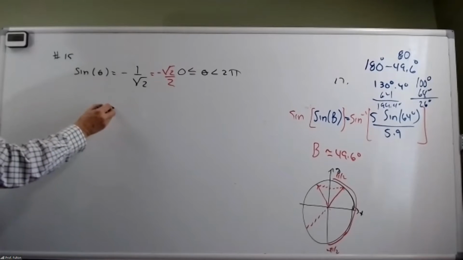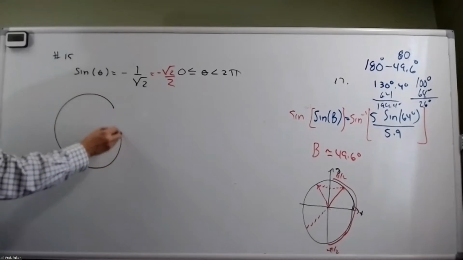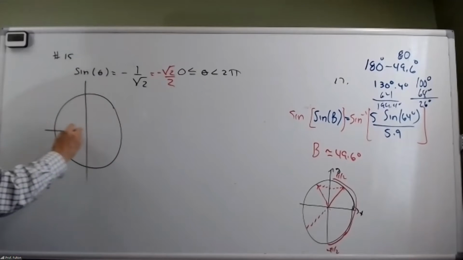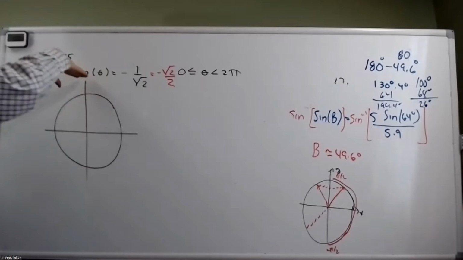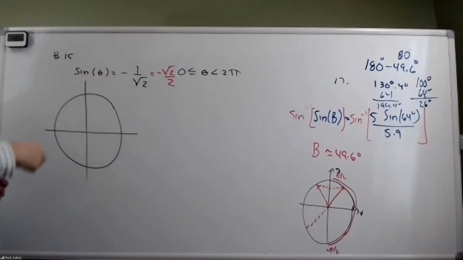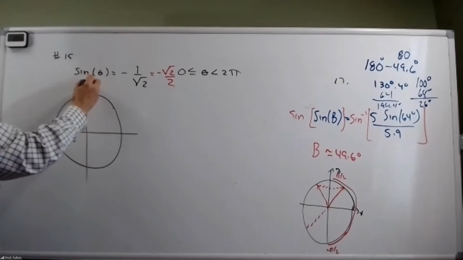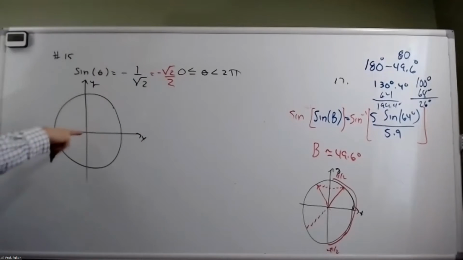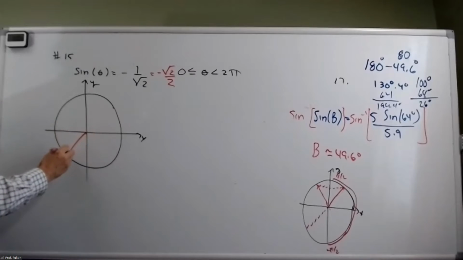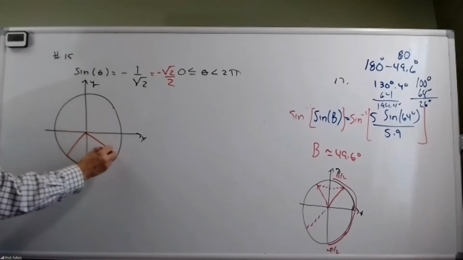So I'm looking at my unit circle over here, and theta is as I go around that unit circle. And I'm looking for when my sine value, that's my y coordinate over here, is minus the square root of 2 over 2. So it actually occurs at two different locations. It occurs here, and it occurs here.